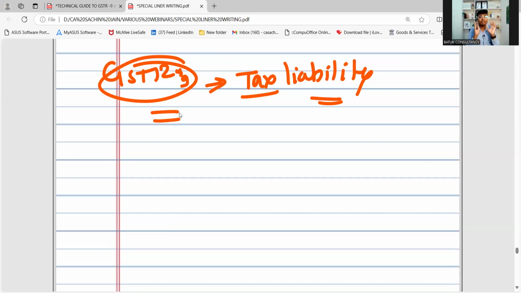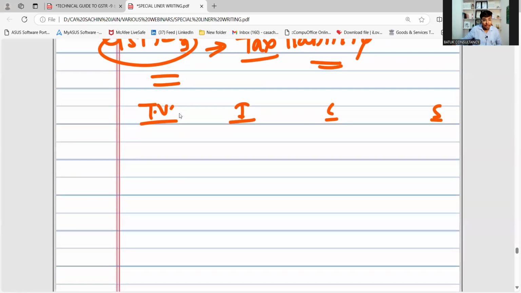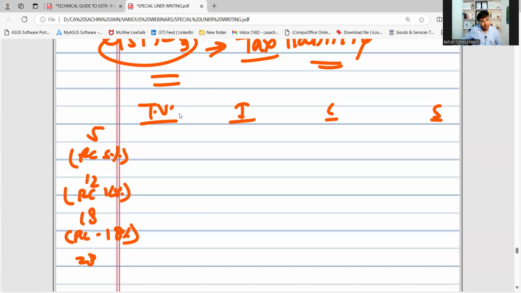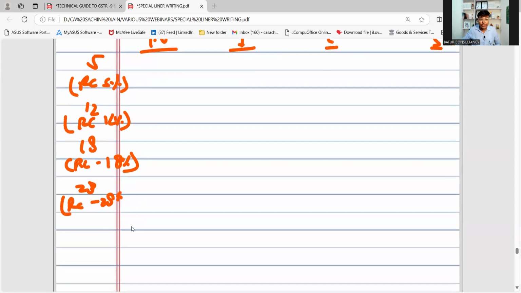For that purpose, they have developed one specific mechanism. They have designed this table where you need to put the taxable value, IGST, CGST, SGST. And you need to present the rate-wise liability: 5%, under reverse charge 5%, 12%, under reverse charge 12%, 18%, under reverse charge 18%, 28%, under reverse charge 28%, and 0.10% in case of deemed export.